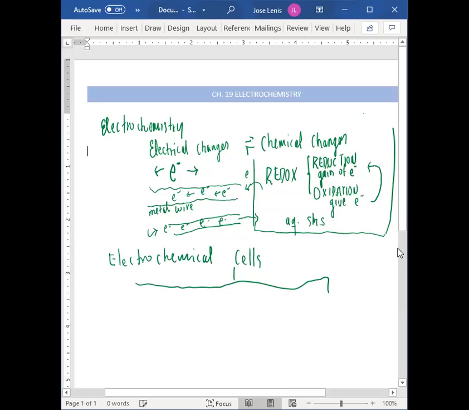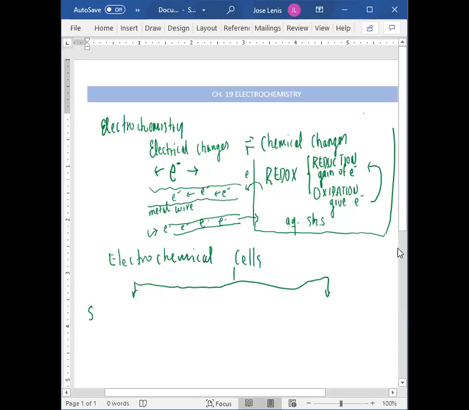Let's break this into two different types. One is used to generate electricity from a spontaneous redox reaction.